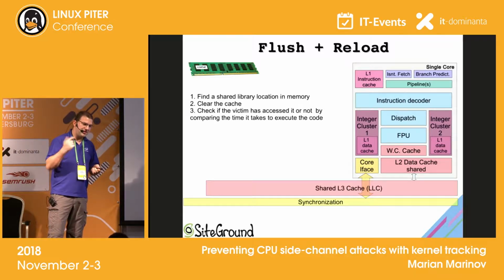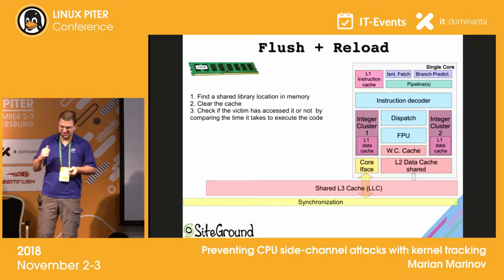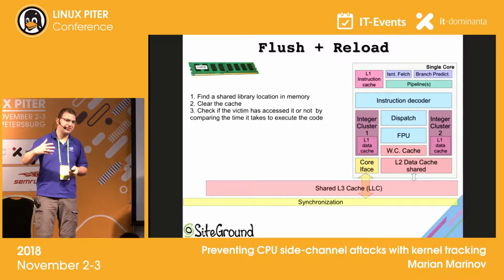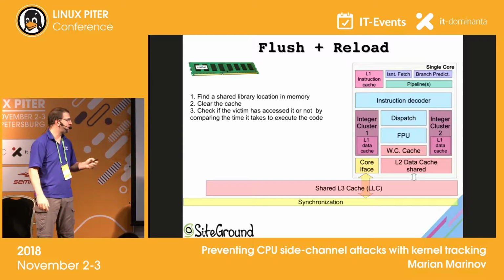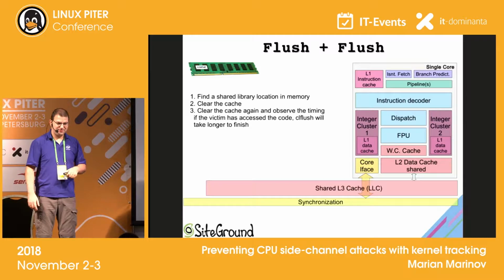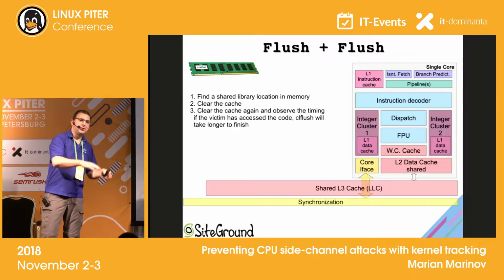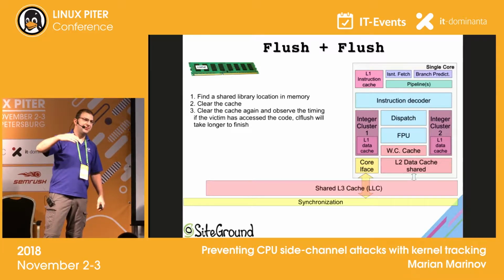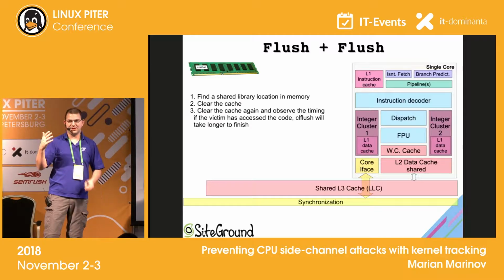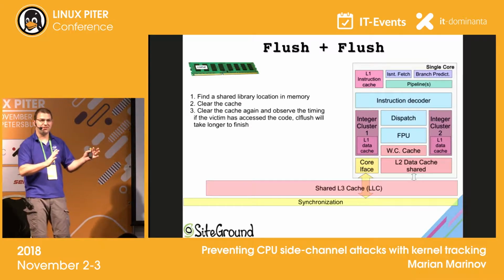Every time you get the data from the caches, you would actually increase a counter in the CPU, and I'll talk about these counters by the end of the presentation. Then Prime+Probe. With Flush+Reload, you had to actually read the data from the caches to know if there is data that is from the shared library.